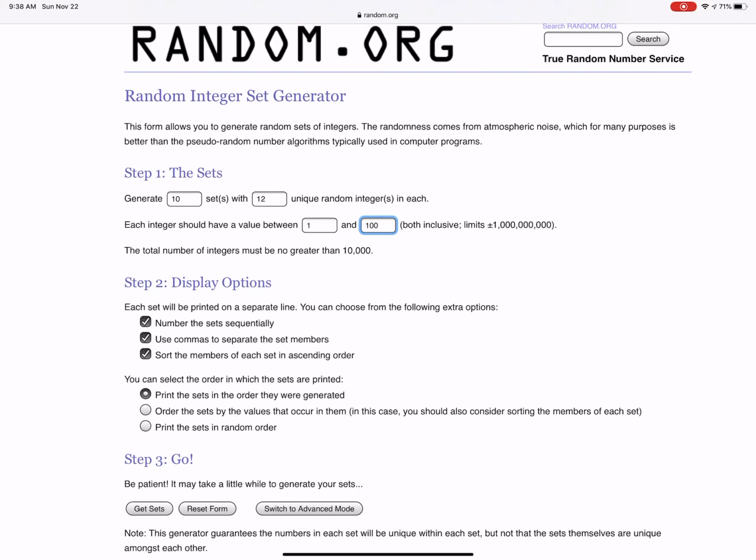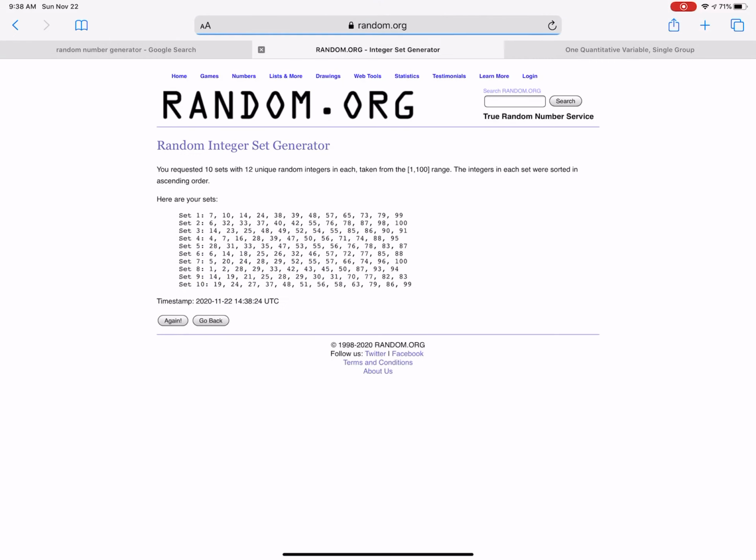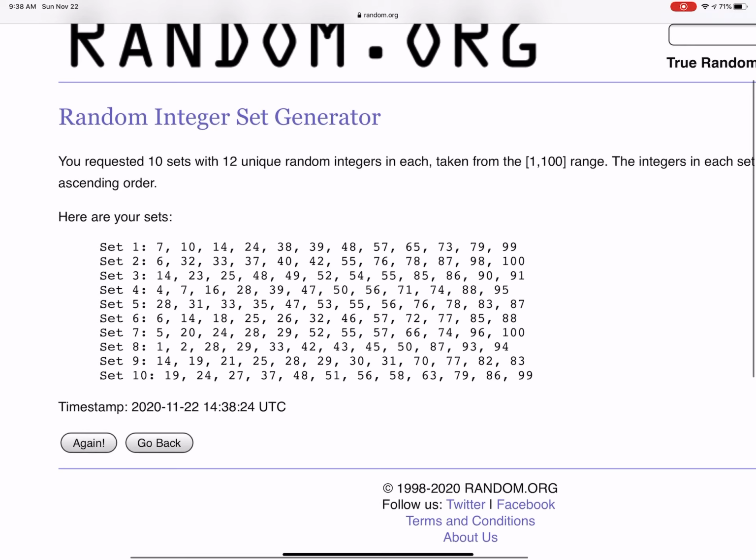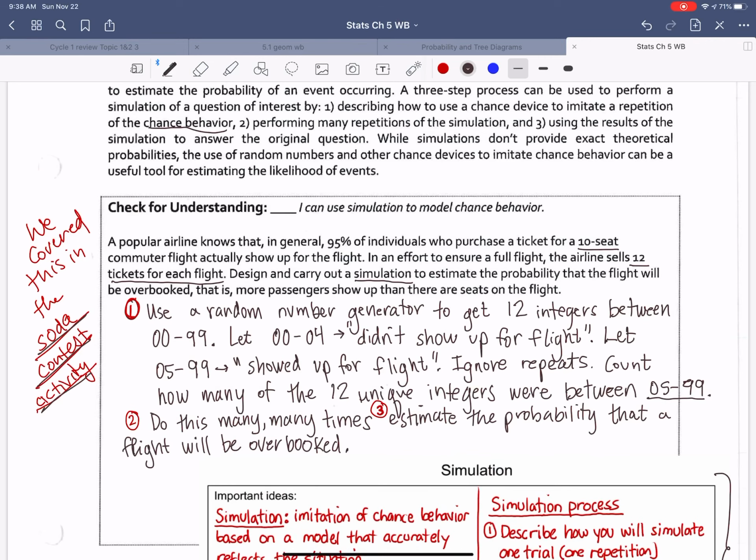Okay, get set. Boom. In this first set of 12, it looks like 10 showed up. So I'm going to need to go back and modify, since this random number generator behaved slightly differently.